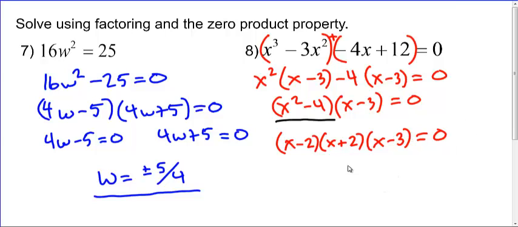This is kind of an interesting idea, but the zero product property still applies. We looked at it as if A times B equals 0, but you could definitely add other terms. A times B times C equals 0. Then A, B, or C, one of those at least, has to be 0. So our solutions would be 2, -2, and 3. And I'm just going to write the answers like that.